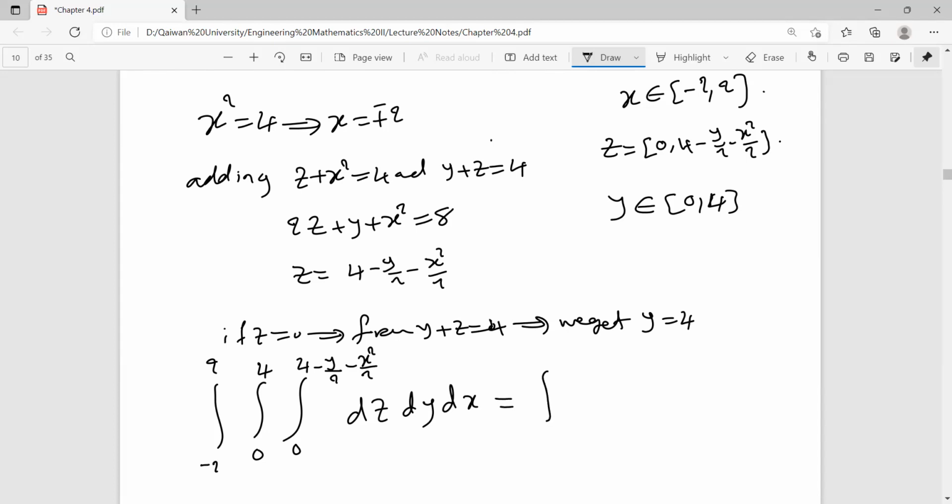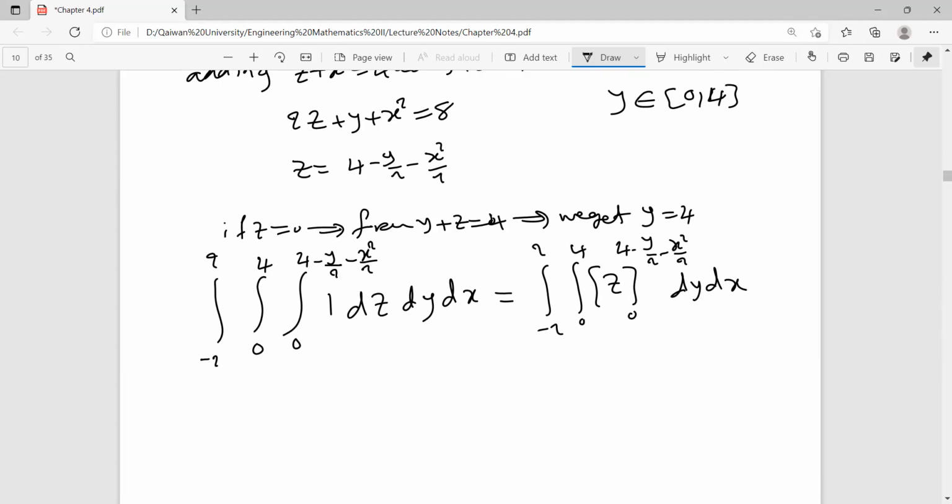Now we take the first integration with respect to z. That equals the integration from -2 to 2, integration from 0 to 4, for 1 dz is z, from 0 to 4 minus y over 2 minus x squared over 2, then dy dx. Now we replace z by the upper limit, then minus we replace by the lower limit.